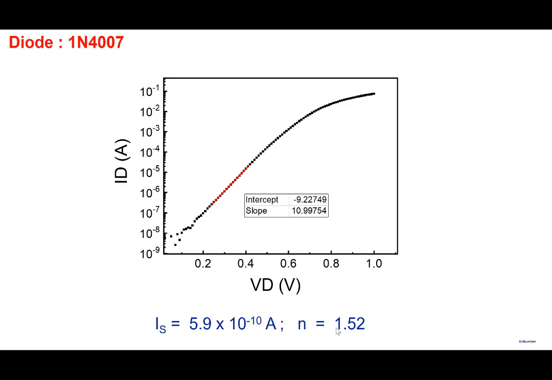It's not common that you will pick a diode in the lab and find its ideality factor n close to 1. You'll find ideality factors of 1.5, 1.6. You could find 1.2, but finding n equal to 1 would be rare.